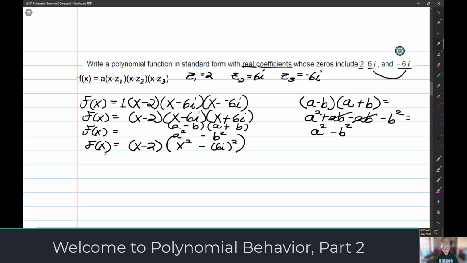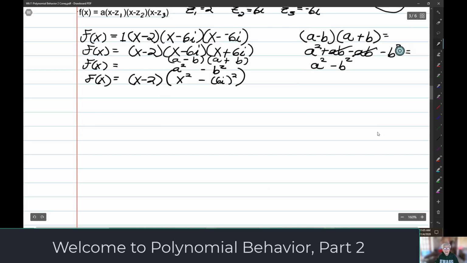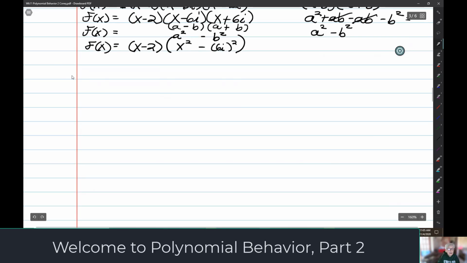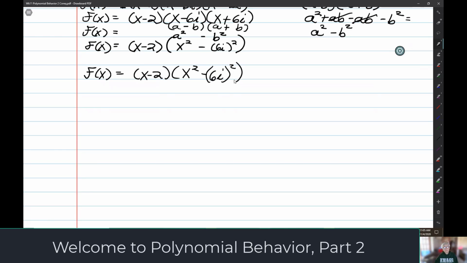So let's write it more neatly again. F of x equals x minus 2 times x squared minus 6i squared. Okay.